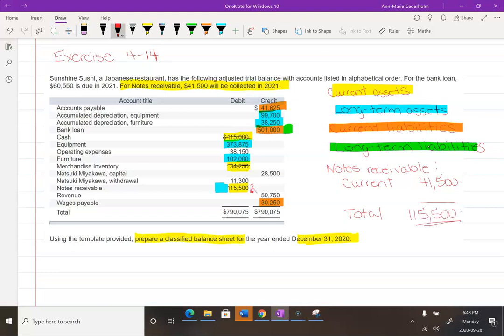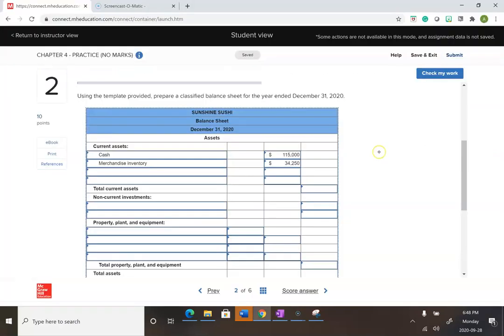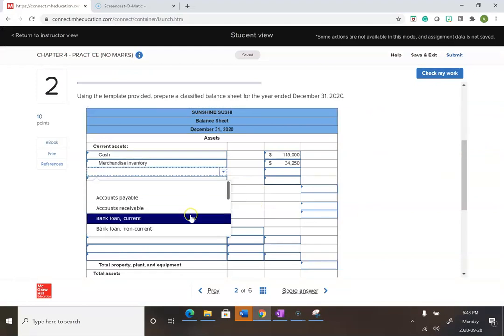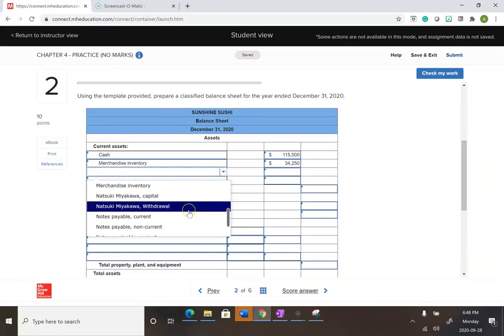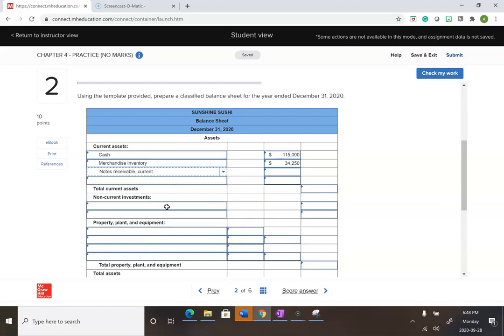So that means my long-term portion is the difference. So if I just take 115,500 minus 41,500, that would give me 74,000. So it's going to be this amount that I bring over, the 41,500. So I see notes receivable, current portion, and that's 41,500.